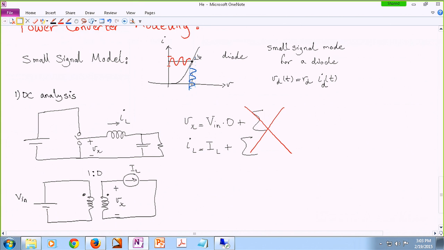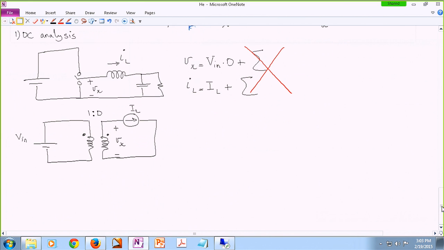Then we add perturbations, and also linearization, which I'm going to talk about.